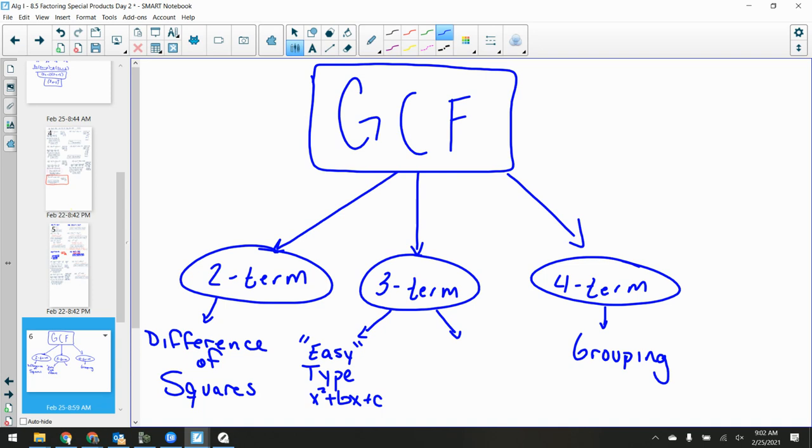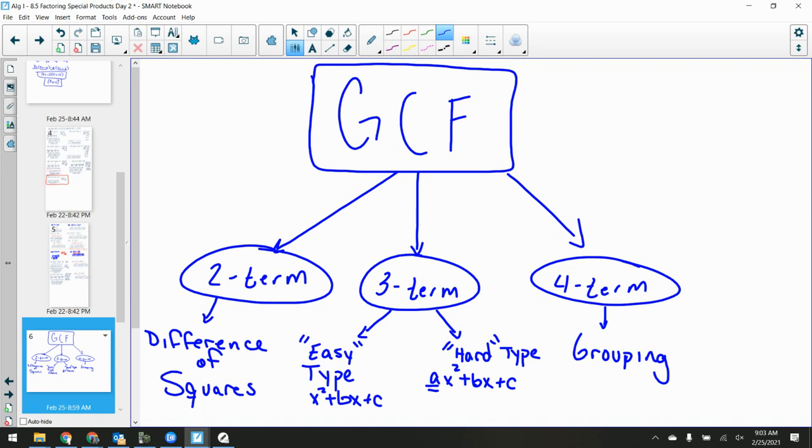I'm putting b and c in there so that we know there's no number out in front of x squared. That's the one where we could go just straight to our 2 parentheses. The hard type is the one where we have the number out front, an ax squared plus bx plus c, making note of the number out front.